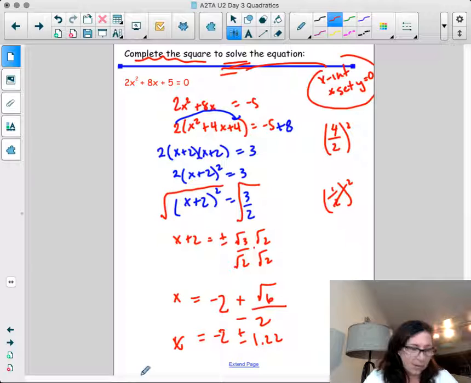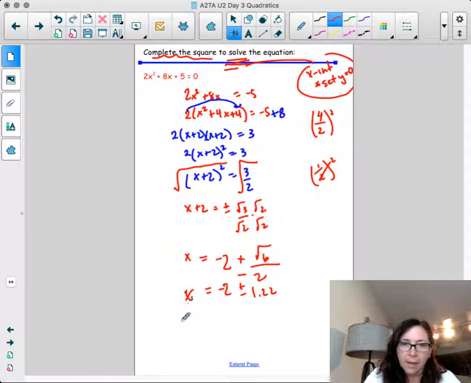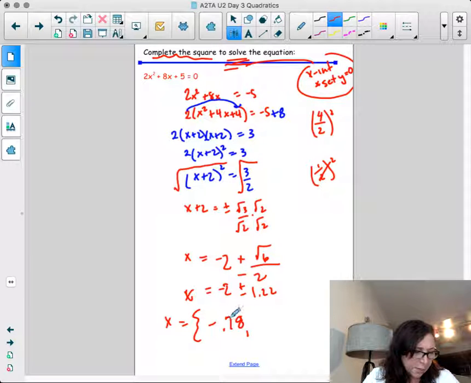In doing that, I can say -2 plus 1.22, and I get the values x equals, solution set, -0.78 and -2 minus 1.22, and that's -3.22.